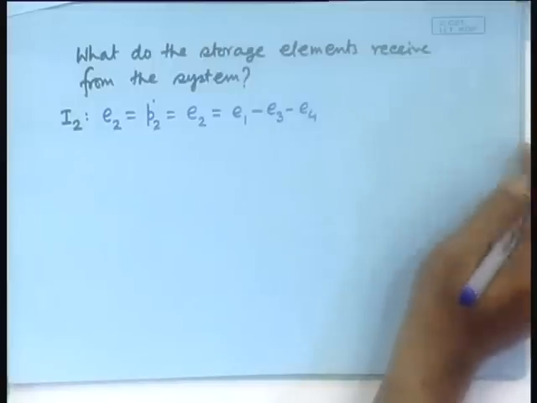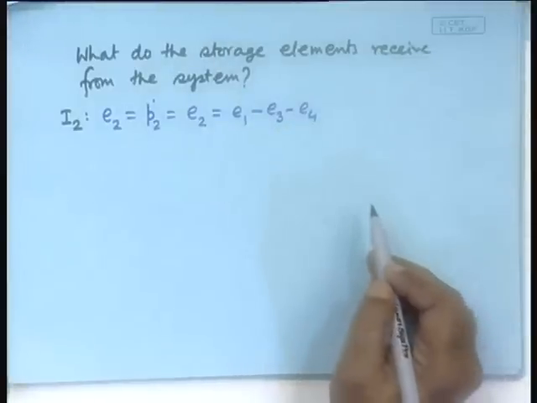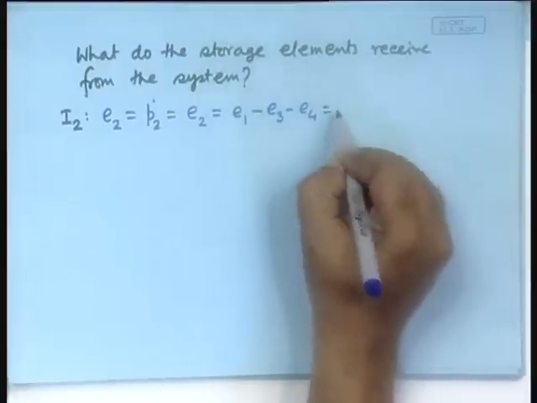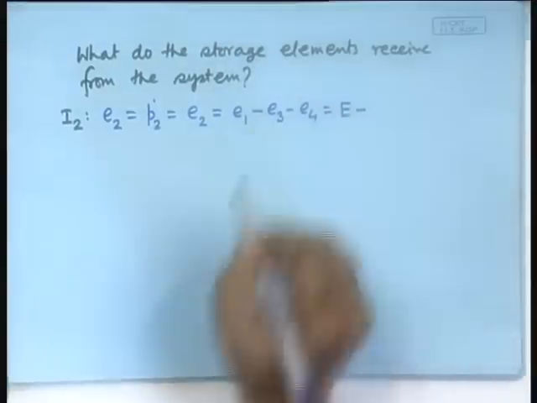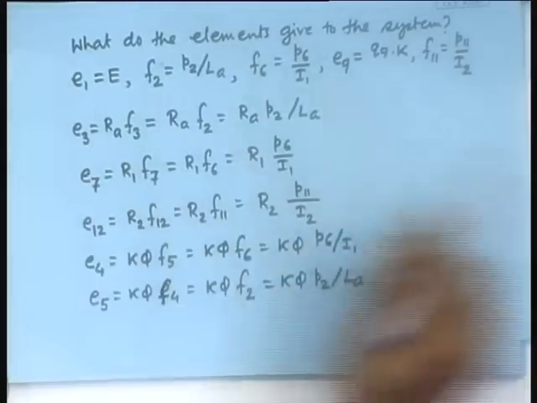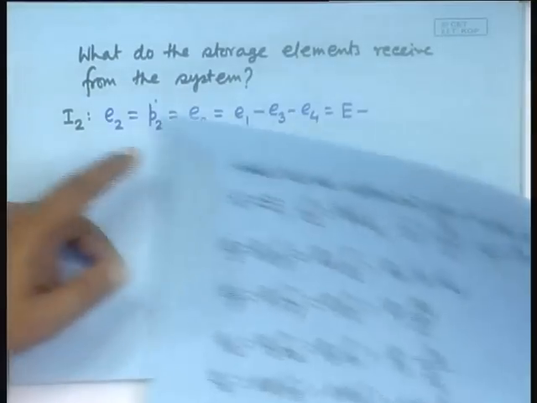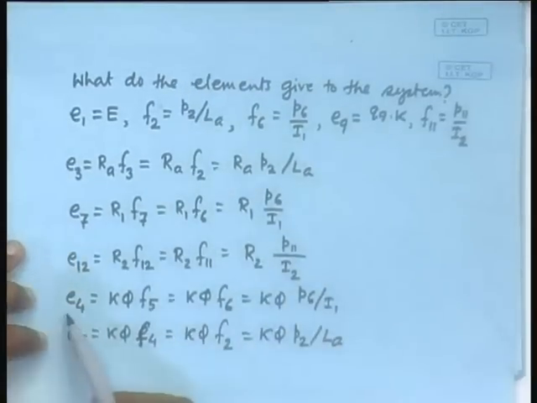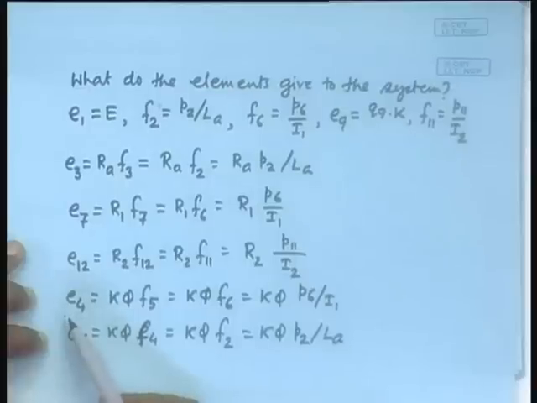E1 is known, it is E, minus E3. E3 is known. E4 is known, right? All these are known, substitute.